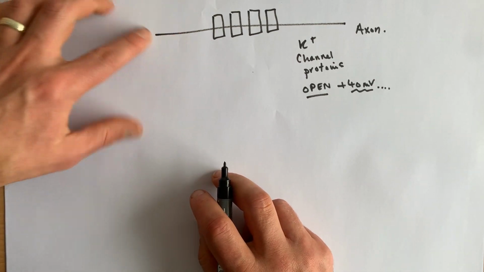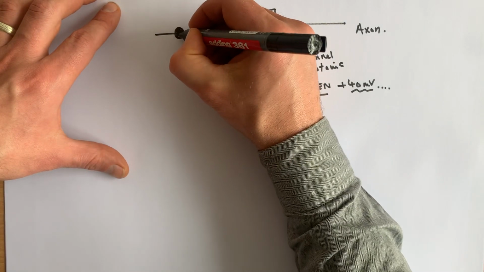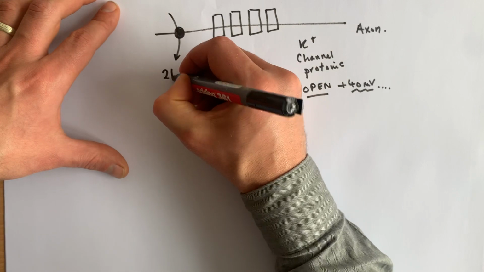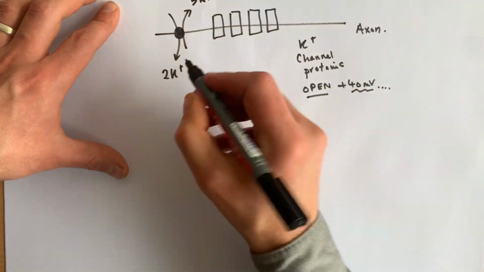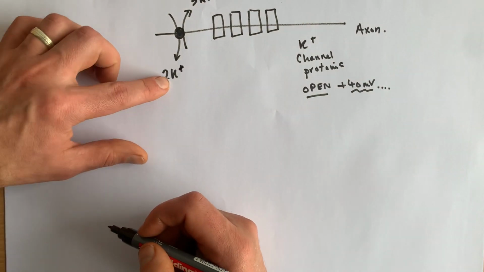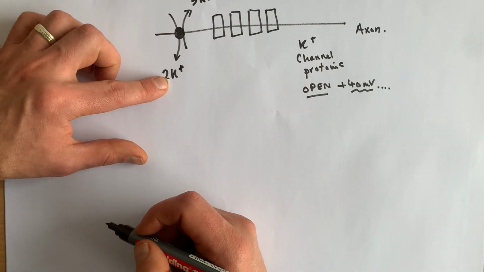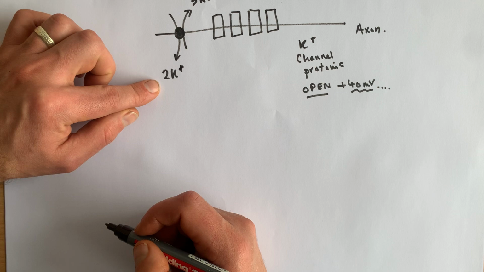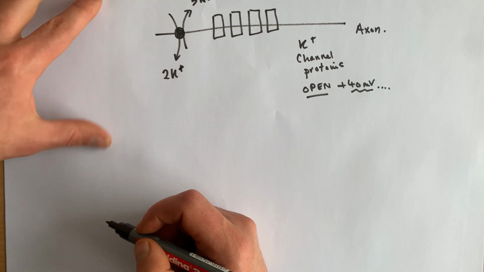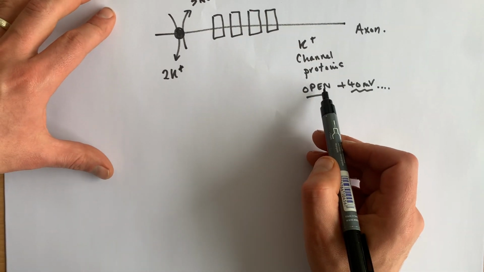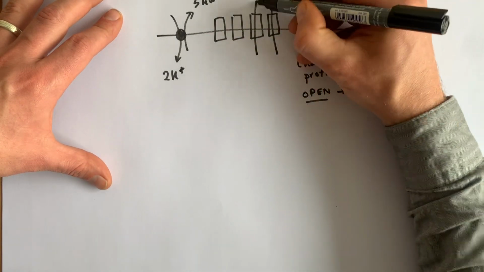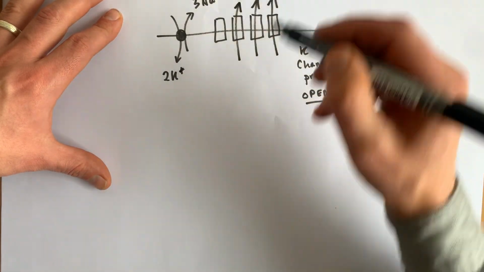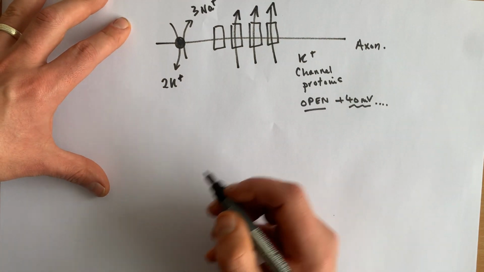So because the sodium potassium pump pumped potassium in, 2 of them for every 3 sodiums that get pumped out, there's a concentration gradient now of potassium ions, so there's more of them inside the cytoplasm of the axon versus the outside. And because these open at plus 40 millivolts, the potassium is then going to diffuse out of the cell, again by facilitated diffusion.